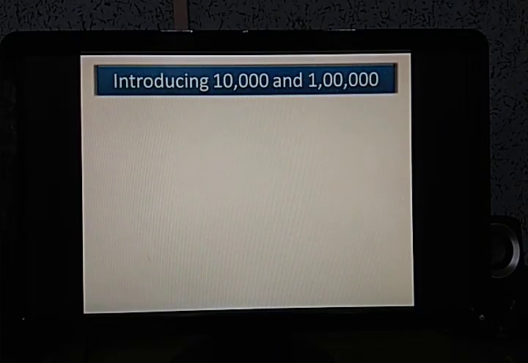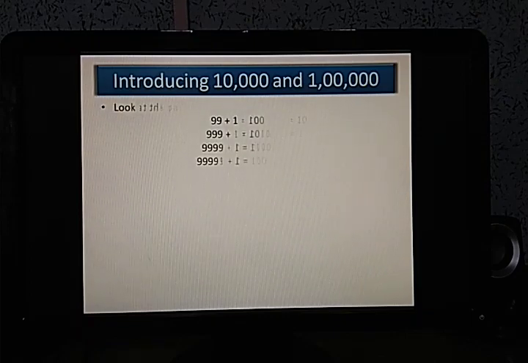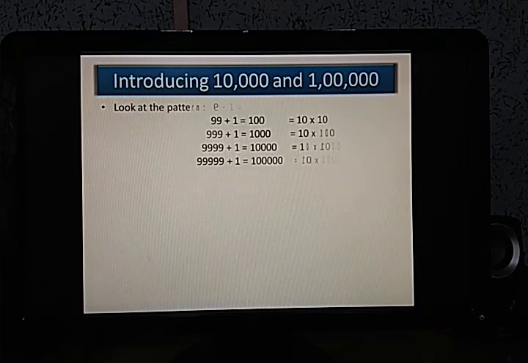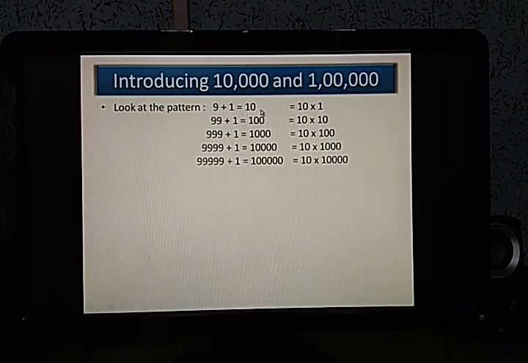Now moving on, introducing 10,000 and 1 lakh. First of all, let us look at the pattern. You can look here. 9 plus 1 will give us 10, which is equal to 10 into 1. So gradually the digits have increased, you can see, as well as the value of the number has also increased.